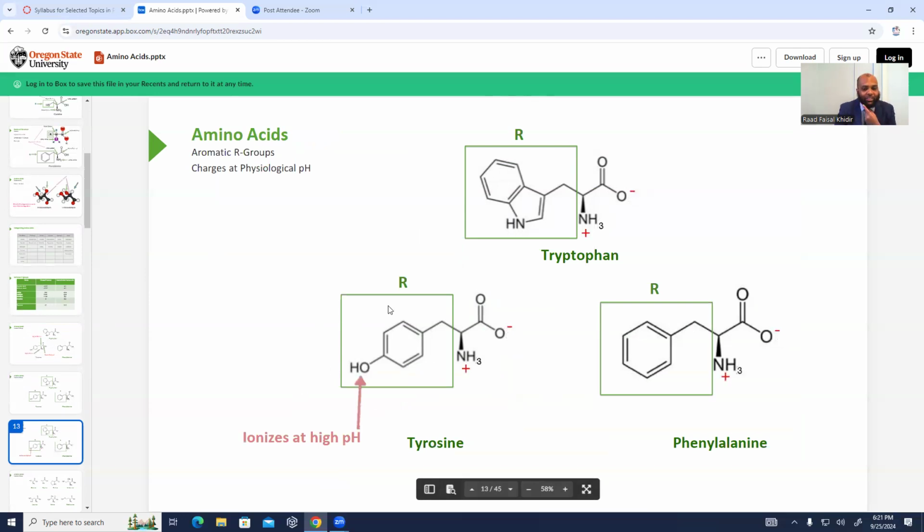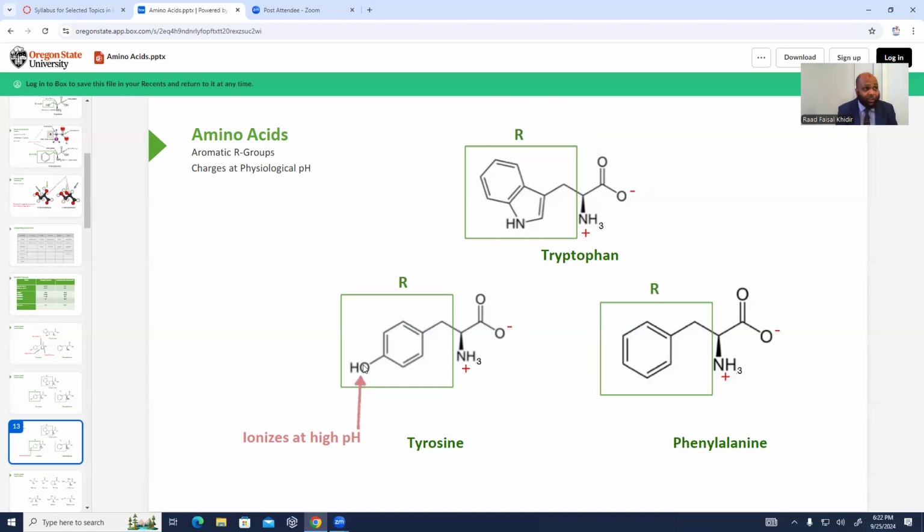So at high pH, meaning that when we are so basic, the OH is going to ionize, meaning that it's going to donate hydrogen proton. It's going to become minus, because remember, we said that these two terminals act like acids and bases. So at high pH, when the pH is so high, is the hydrogen proton concentration high or low?